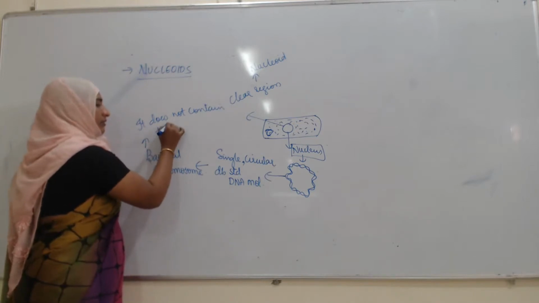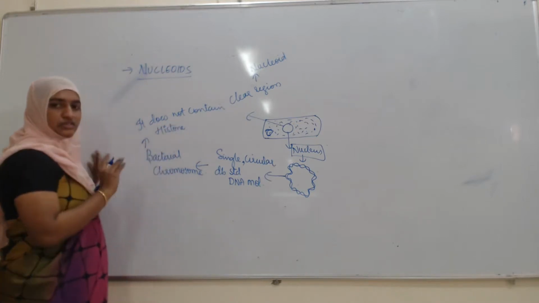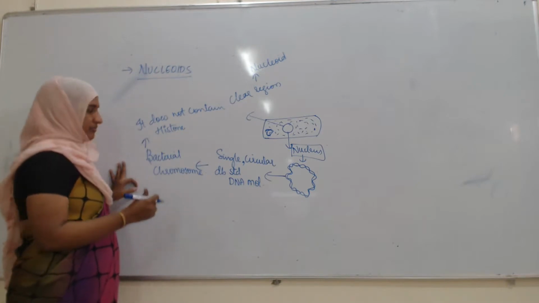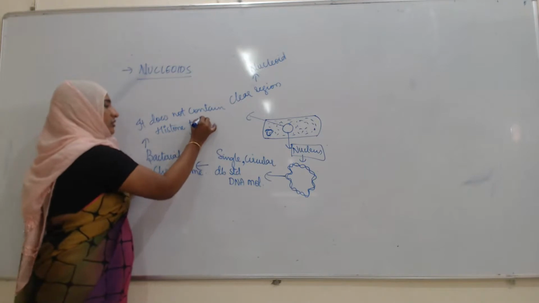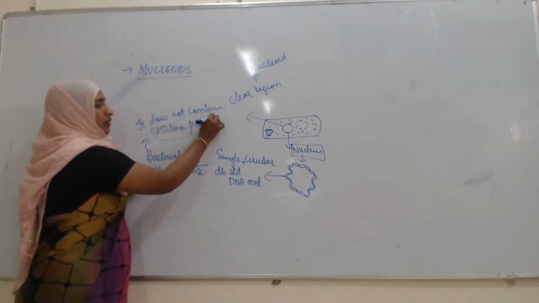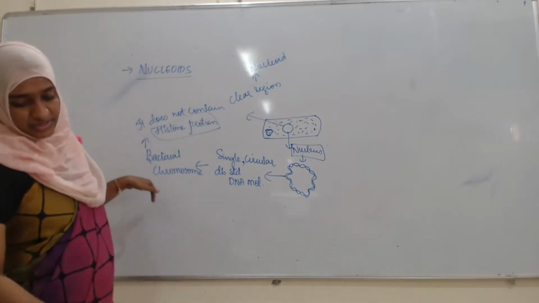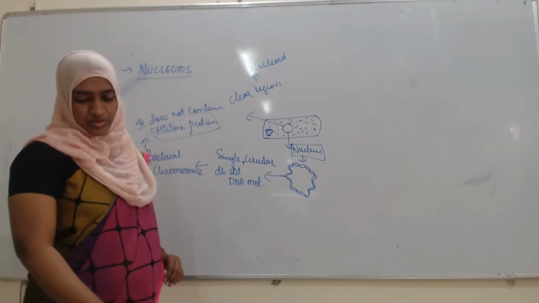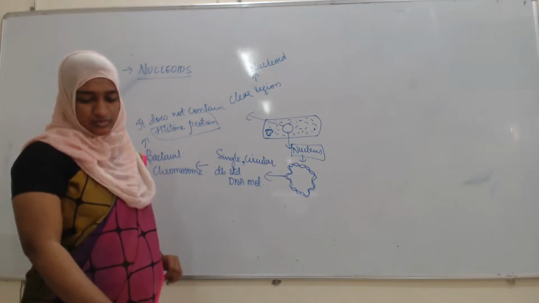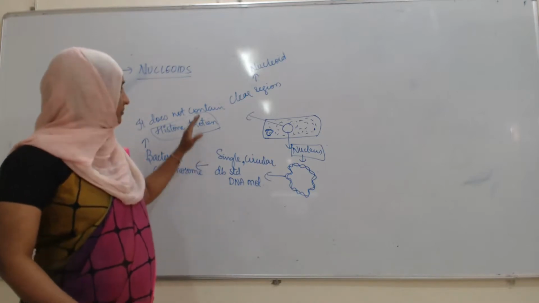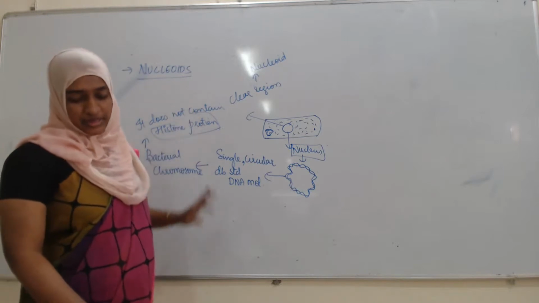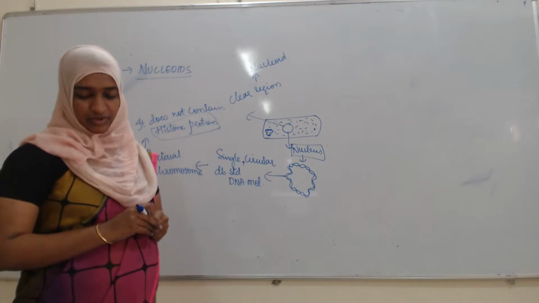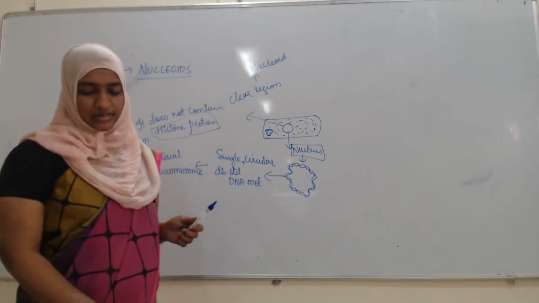The DNA is not packed and lies freely in the cytoplasm, so that is the reason there is no histone protein in the DNA. So this is about the nucleoids.